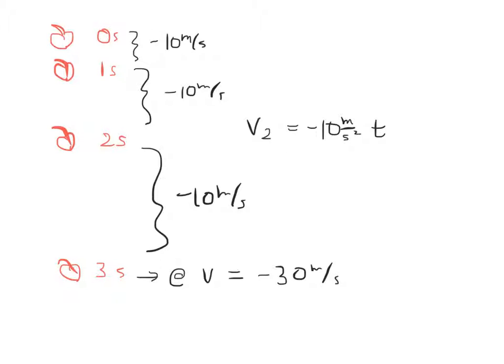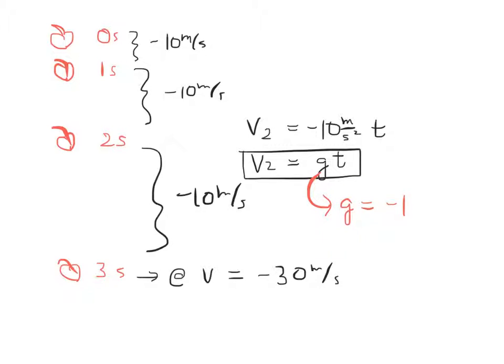Your textbook writes this a little differently. It writes it as v2 equals g times t. If you hadn't figured it out by now, g is just a shorthand way of writing negative 10 meters per second squared.